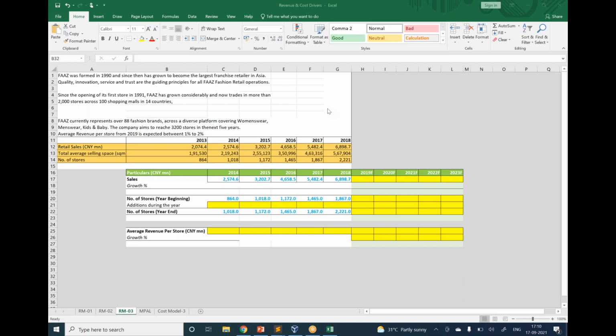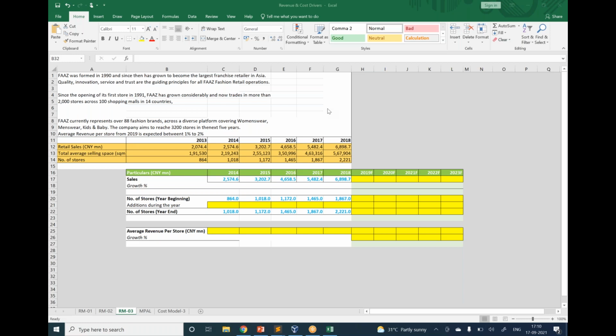Okay, fine. Friends, I want to ask you, at least for the year 2014, how do you calculate revenue? And it's not revenue, it says average revenue per store. Total revenue they have made is 2,574.6 million.